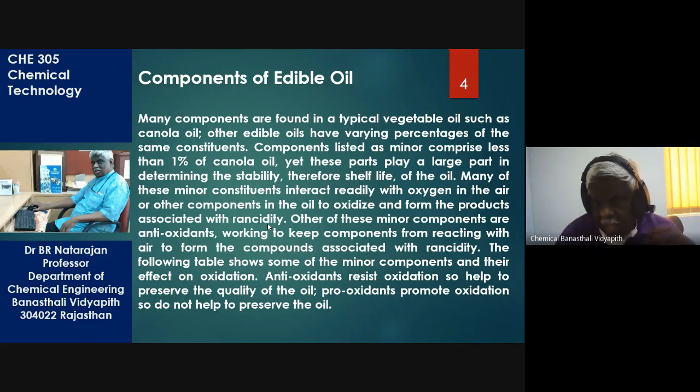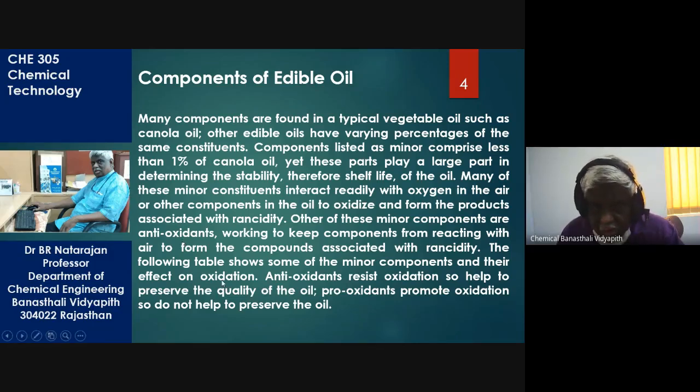Other of these minor components are antioxidants. They work to keep components free from reacting with air to form compounds associated with rancidity. Rancidity happens because there are some chemicals in the oil which will interact with oxygen. Antioxidant means it will not allow reaction with oxygen.